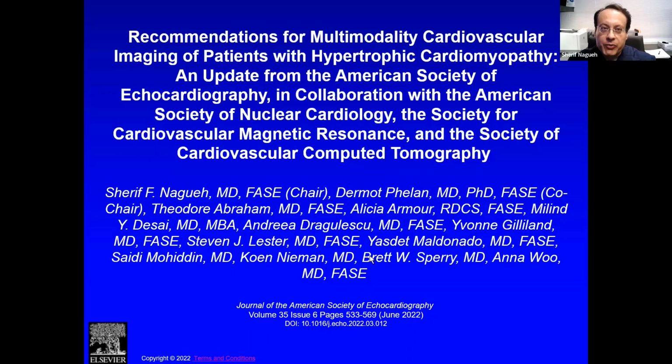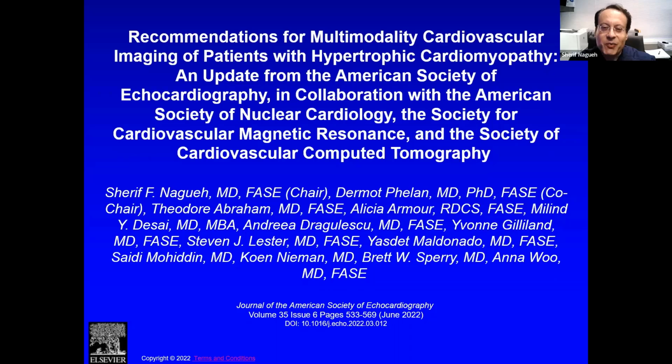I'll go over the recently published recommendations on the use of multimodality cardiovascular imaging in patients with hypertrophic cardiomyopathy. It was recently published in the Journal of the American Society of Echocardiography, and this is a combined effort led by the American Society of Echocardiography in collaboration with the American Society of Nuclear Cardiology, the Society for Cardiovascular Magnetic Resonance, and the Society of Cardiovascular Computed Tomography.